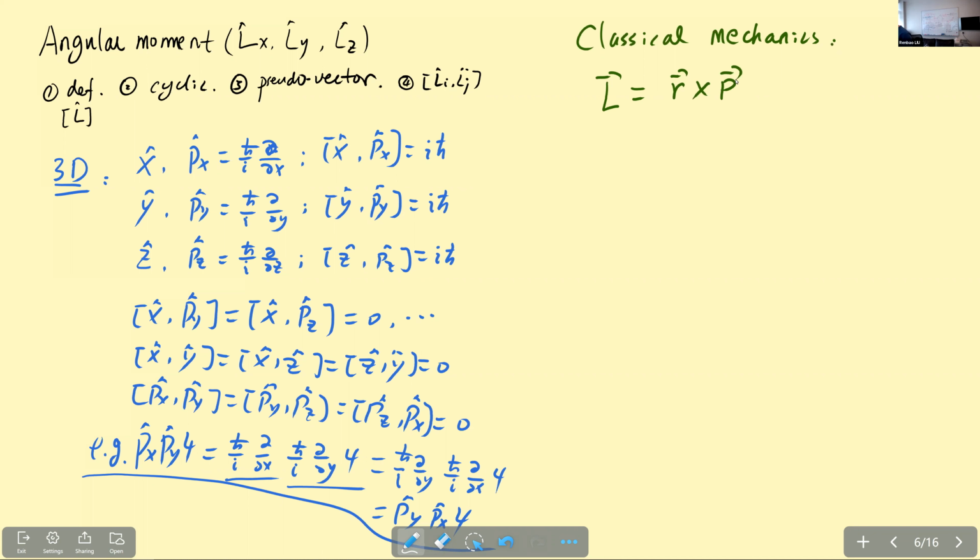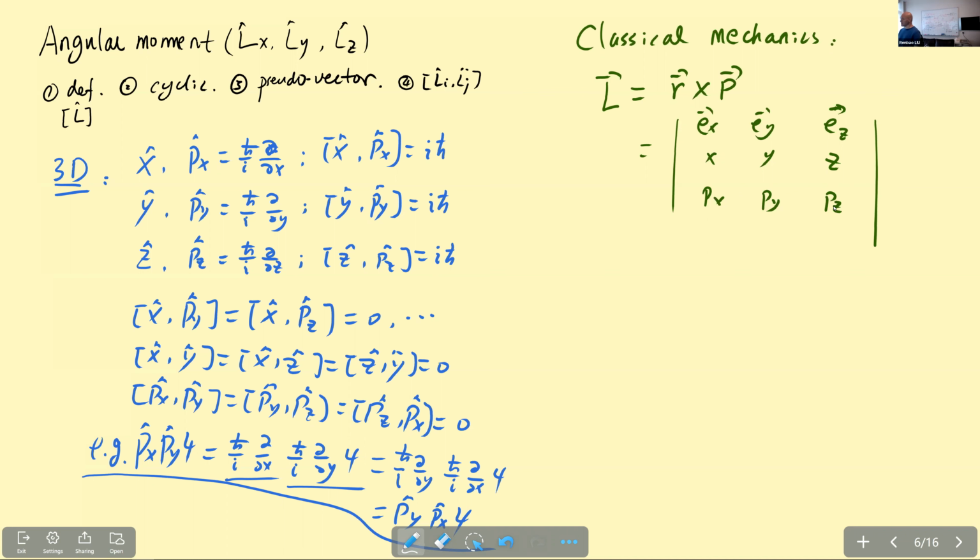So you have three components. If you say that you have ex, ey, ez, three unit directions in the x, y, and z directions, and then you have x, y, z, and px, py, pz, okay?